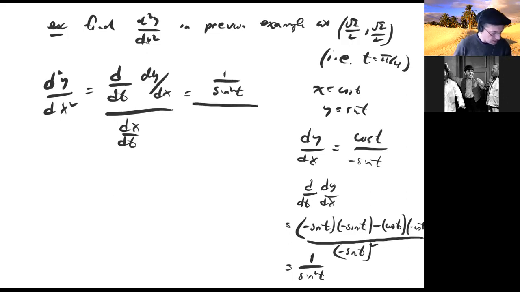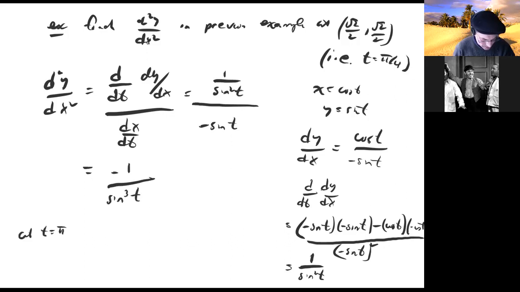And what is dx dt? Dx dt is the negative of the sine of t. So the second derivative is negative 1 over sine cubed of t. So at t equals pi over 4, what do we get?